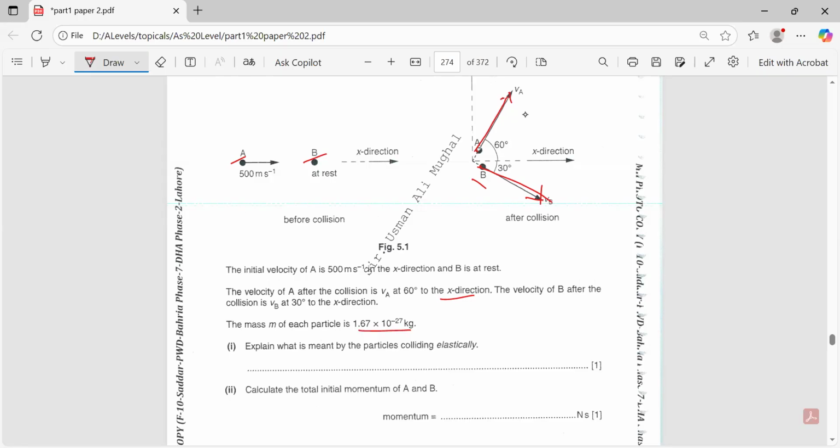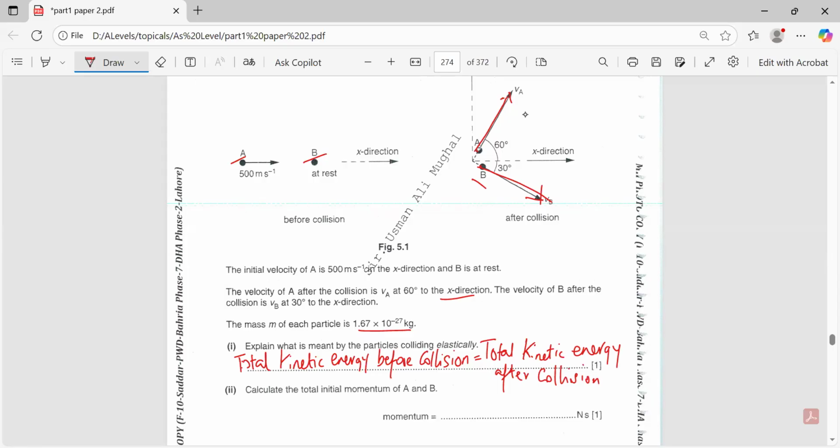Like you can say that a type of collision in which none of the energy is wasted in the form of heat, or you can say for this specific question that the total kinetic energy before collision is equal to the total kinetic energy after collision.